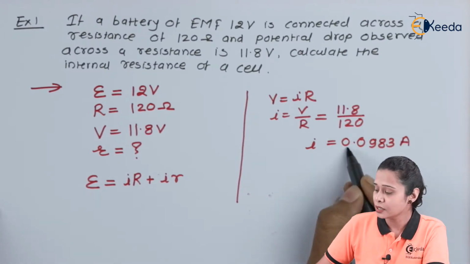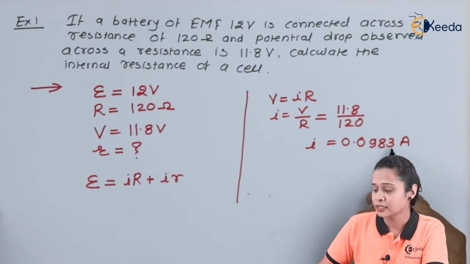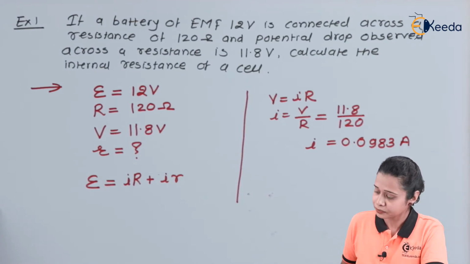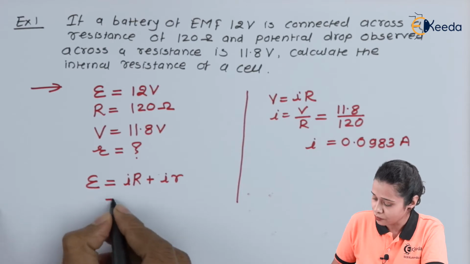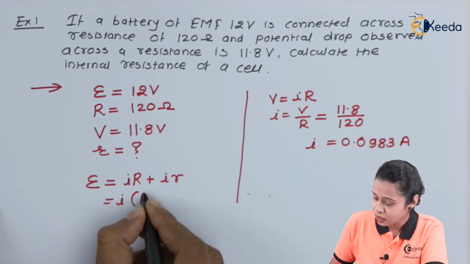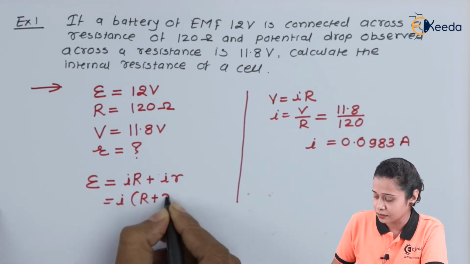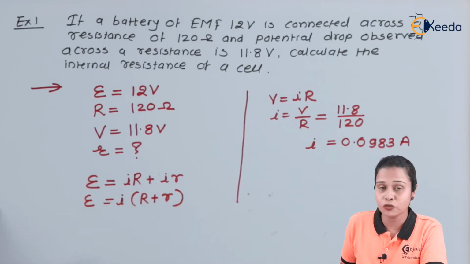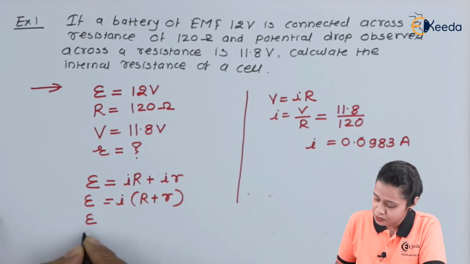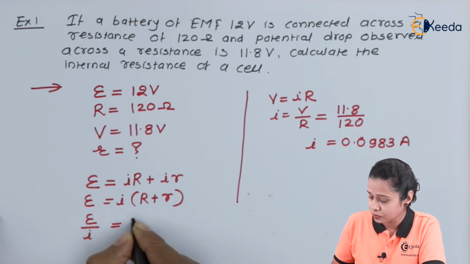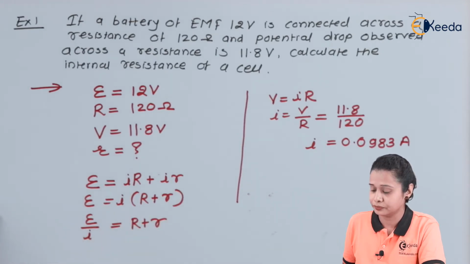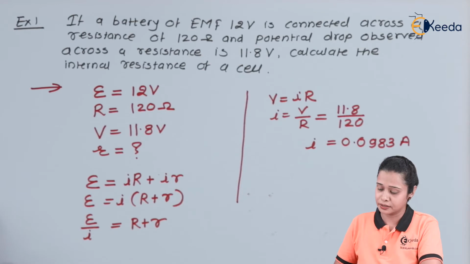that is 0.0983 amperes. Now let us substitute this value here. We have IR plus Ir. So here we want to find out the value of r. So the value of r will be here epsilon by I is equal to R plus r, that is internal resistance.